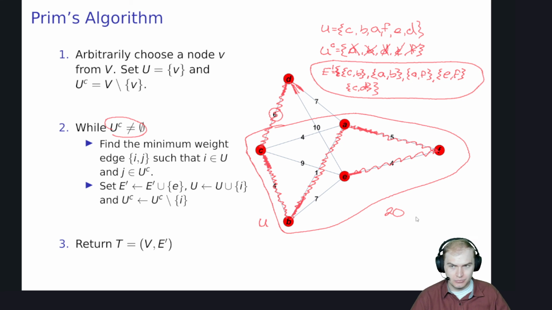So that's Prim's algorithm, and it leverages that corollary in the opposite direction. It wants to make sure that we have n minus 1 edges that connect every node. And that implies, by our corollary, that there will be no cycles, and that this will be a tree. Which is neat.